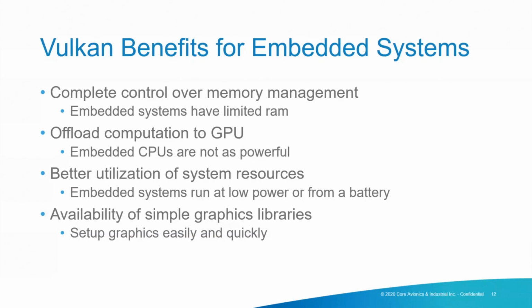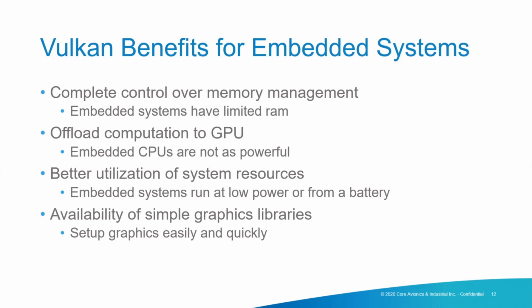Embedded systems are usually low resource systems. They don't have a lot of RAM, or they don't have a lot of CPU power. And since you have complete control over memory management on the GPU, you can make full use of that RAM.